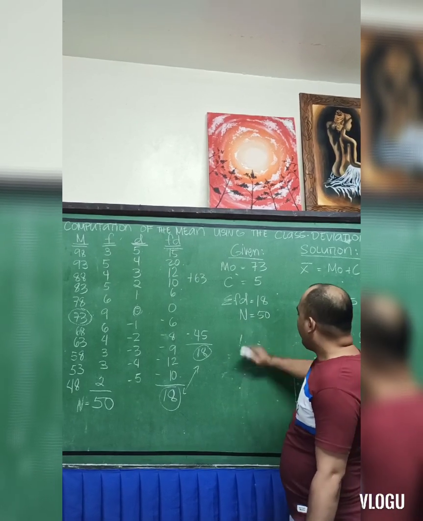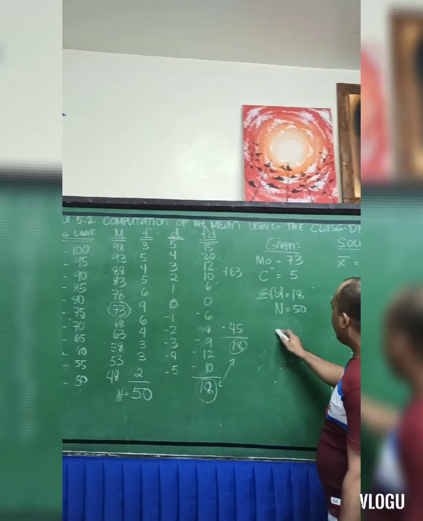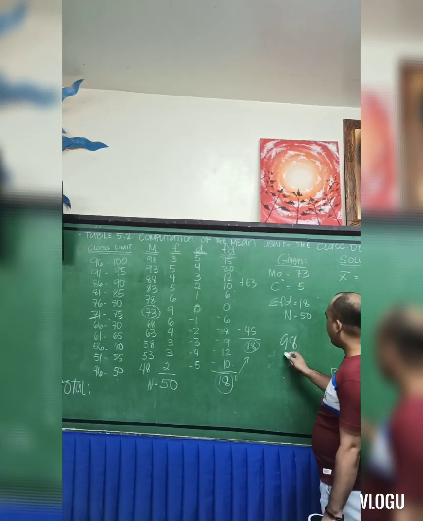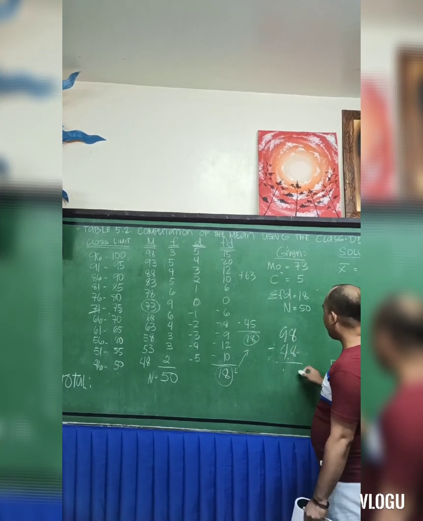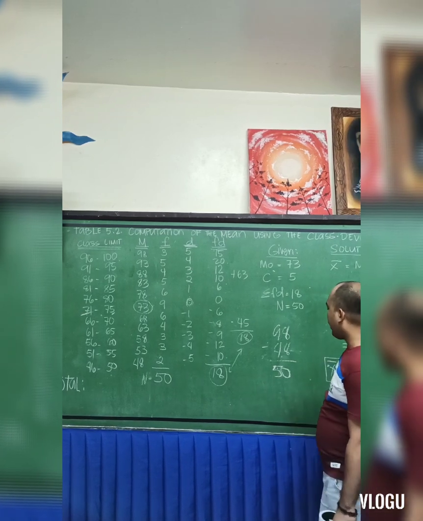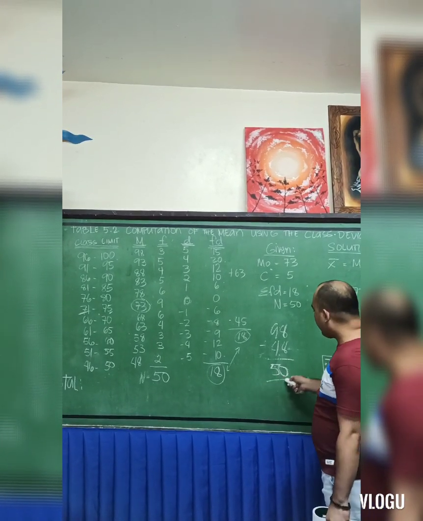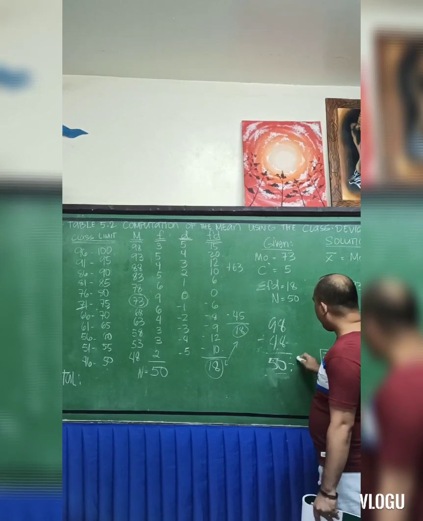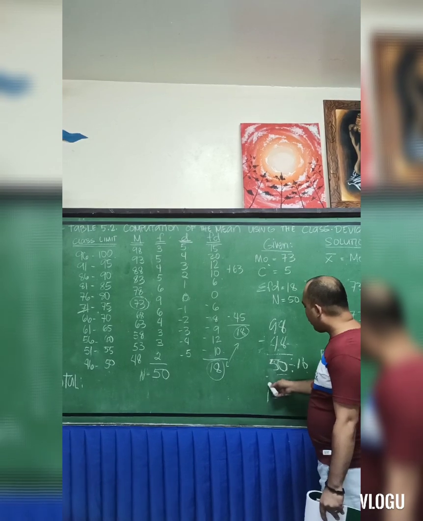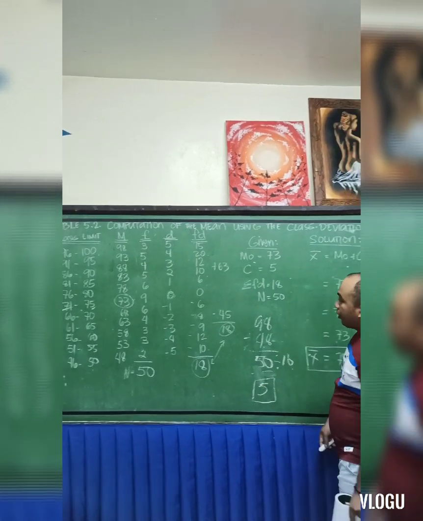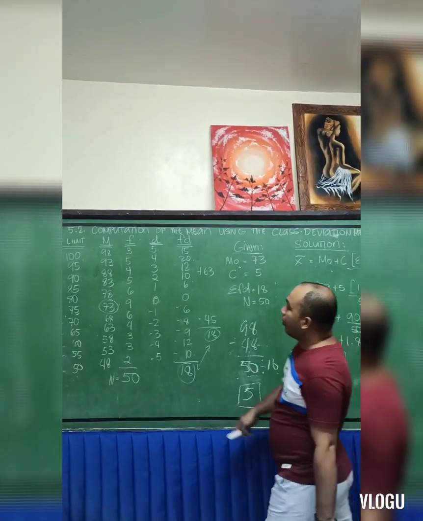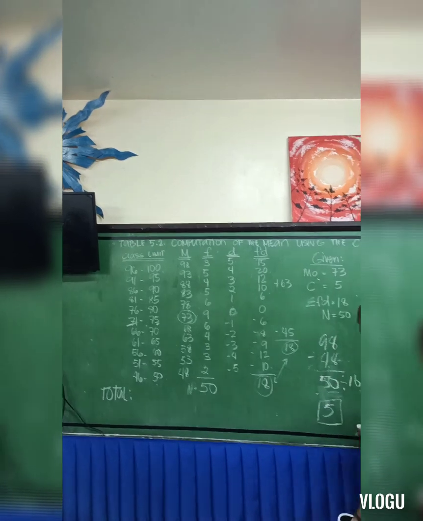For example, the highest score, 98, minus the lowest score, 48, we have a range of 50. Okay, 50 divided by 10, we have 5. So this is our class interval. As you can see, in our class limit, we have a class interval of 5.